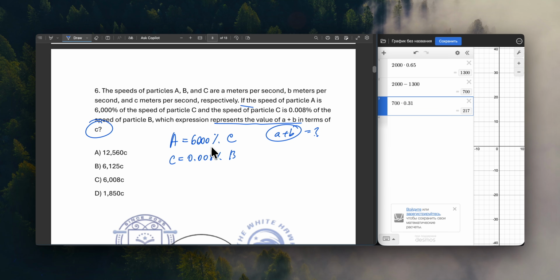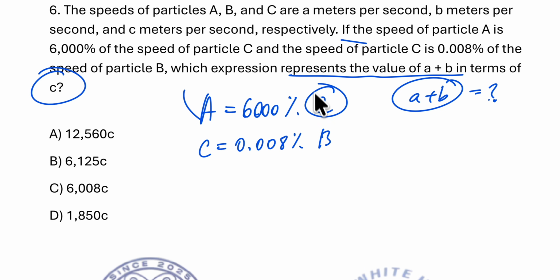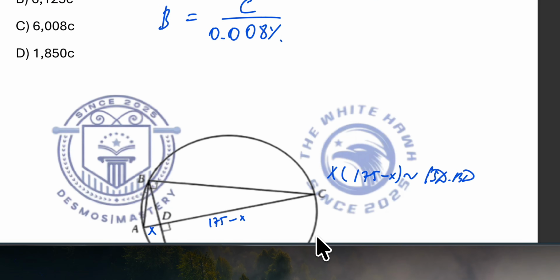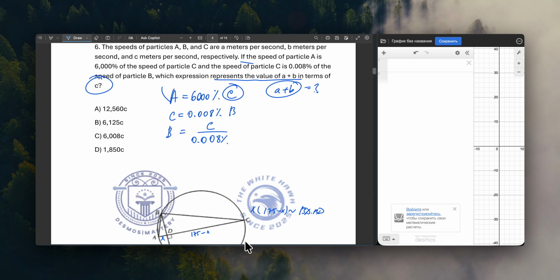So we have A is 6,000% of C. It's okay because we just made C the main term. And here I need to express B: B is C divided by 0.008%. So we need to calculate.